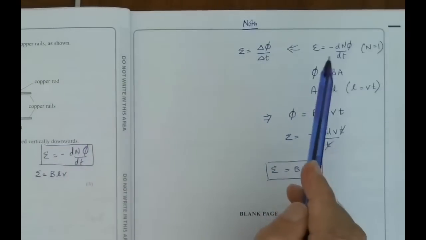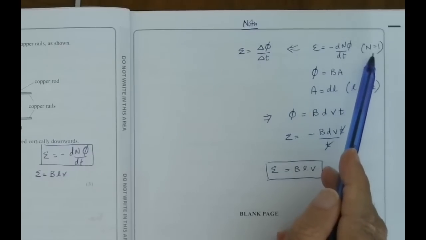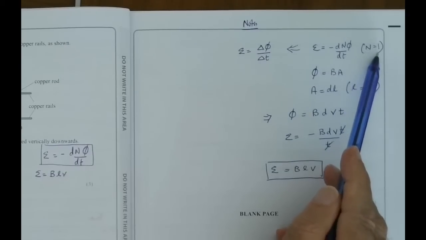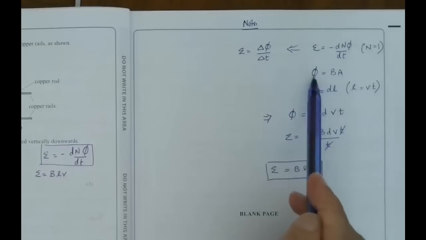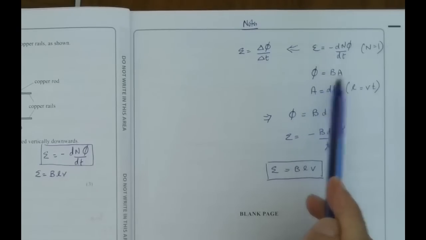There's only one copper rod, so N is equal to 1, and you can ignore the N. Φ, the magnetic flux, is equal to the magnetic field intensity, which is given to you on the previous page, multiplied by the area. This is the equation that you normally know.